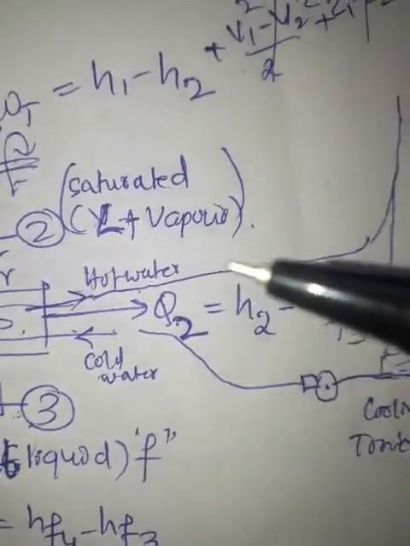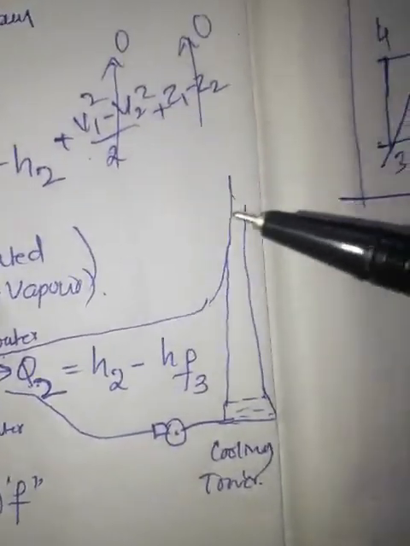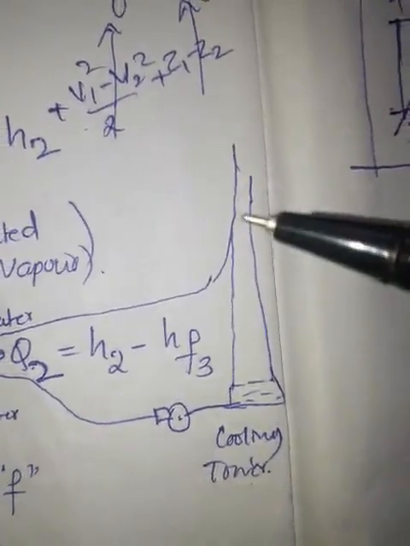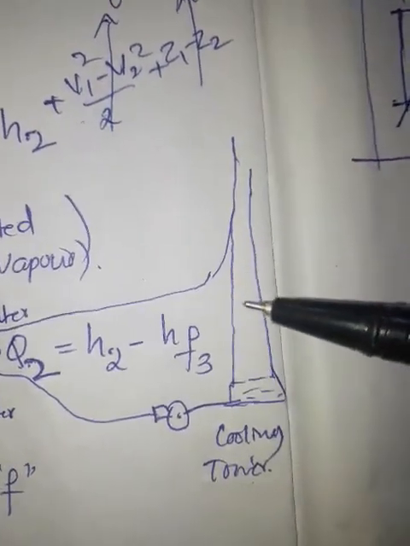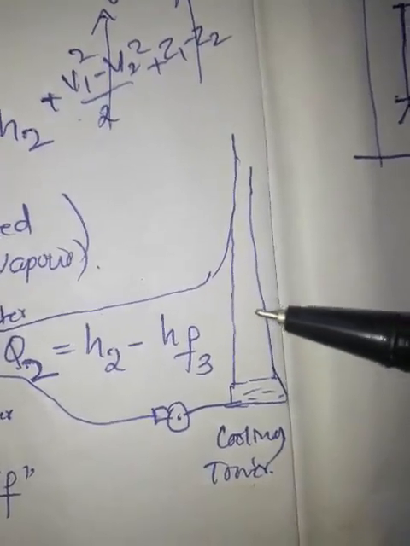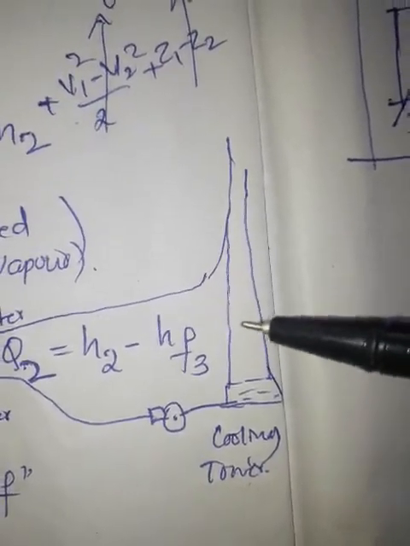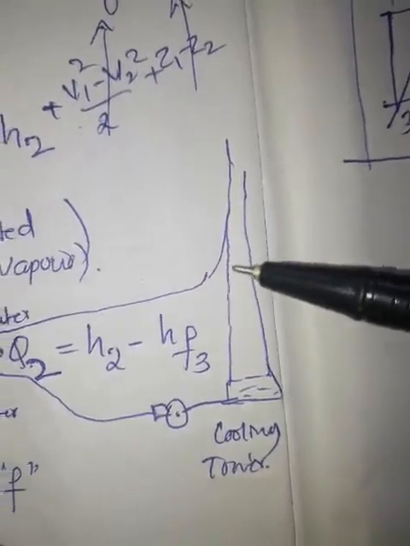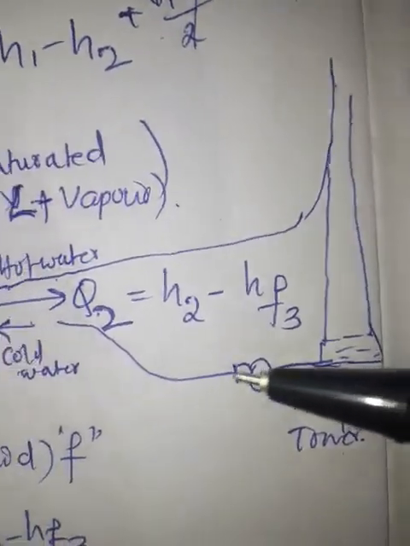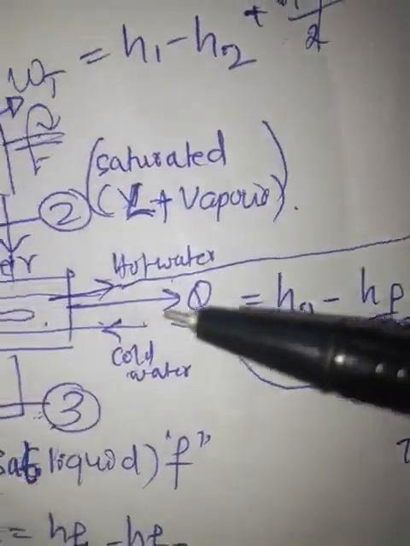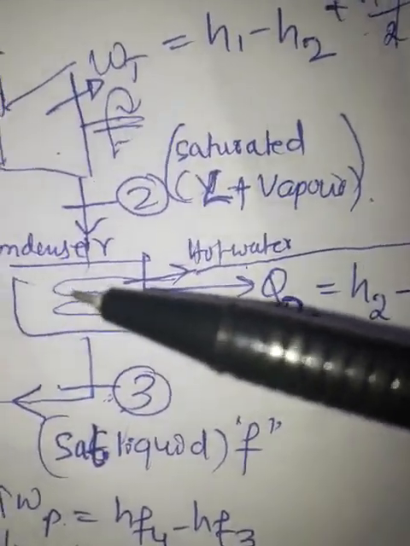This hot water is sprayed in a device called the cooling tower. The hot water is sprayed from the top. While it is falling down, it gives away its heat energy to the air present in the cooling tower, and water gets cooled. Then the cold water is again pumped back with the help of a pump into the condenser.